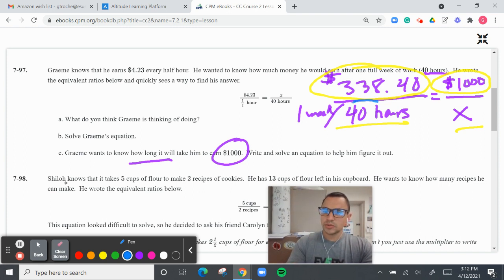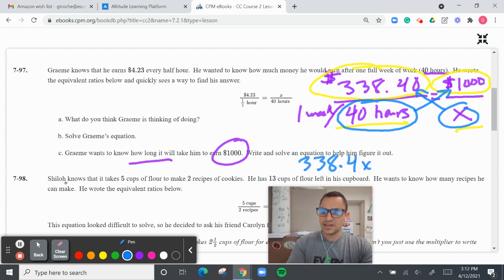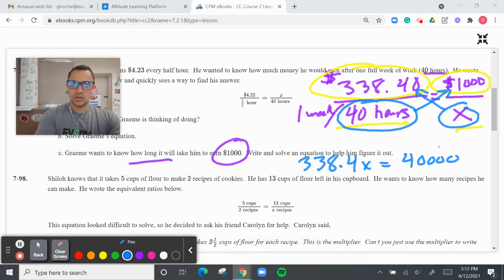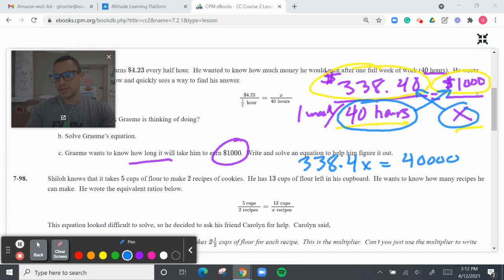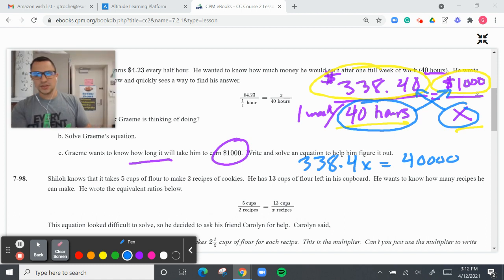You can do cross multiplication. You can do 40 hours times that, and then this times that. So you get 338.4x equals 40,000 hours. That makes sense technically. All right, so that would be 40,000. I'm just going to use my calculator real quick and get through this one.